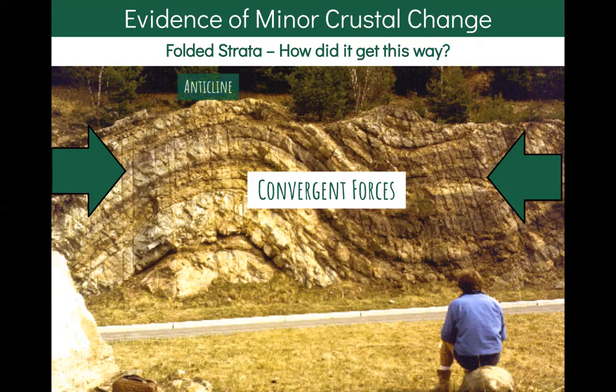Now, the top of this fold is known as an anticline, and the bottom part is known as the syncline. You don't really need to know that, but it might be useful. So again, if it's folded like that, that's an example of convergent forces, and if you keep applying that heat and pressure to those rocks, eventually they're going to switch from sedimentary to metamorphic.